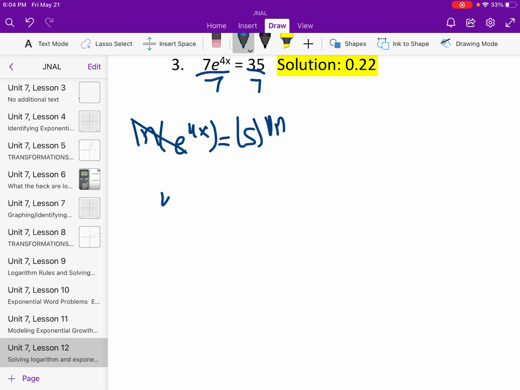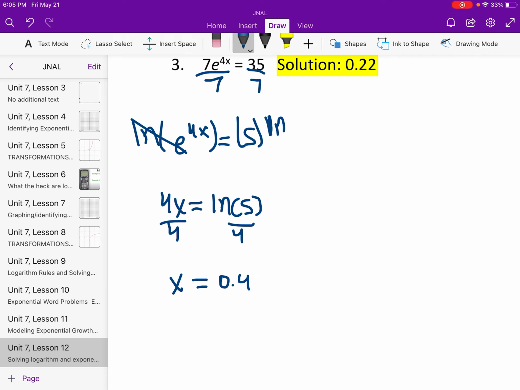These cancel out, so we have 4x equals ln of 5. Then you divide by 4, and we get ln of 5 divided by 4, which is not what it says the answer is. I got 0.4 approximately.